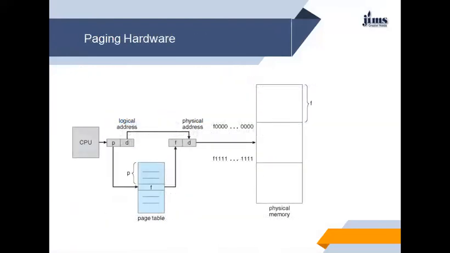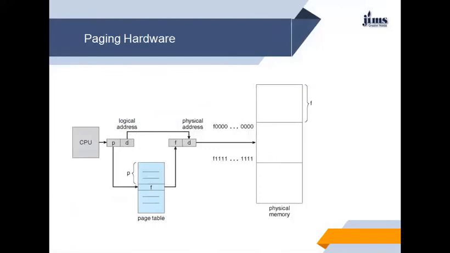This is again a pictorial notation. Here we can see the hardware that is used, that is the page table. The CPU generates the logical address, which is the page number and the page offset. Page offset is represented by D. For the page number, we use the page table. This page table contains the corresponding frames of this page number.